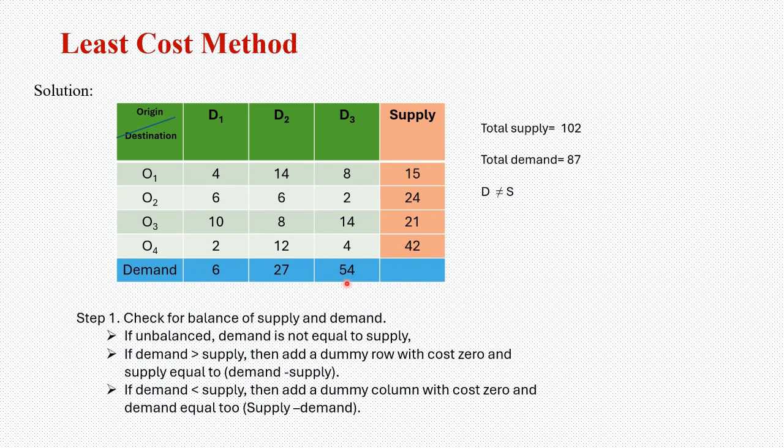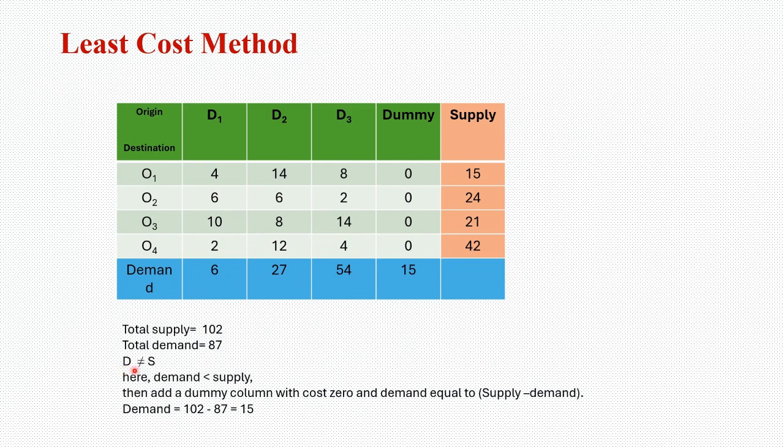Total demand is equal to 6 plus 27 plus 54, which is 87. Demand is not equal to supply. Here, demand is less than supply, so add a dummy column with cost 0 and demand equal to supply minus demand. Demand is equal to 102 minus 87, which is 15.